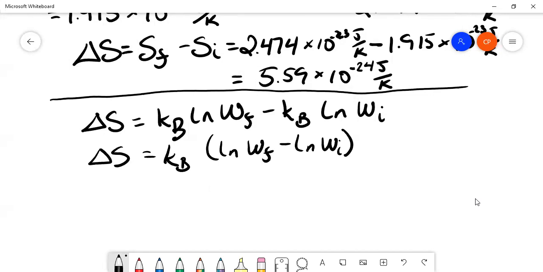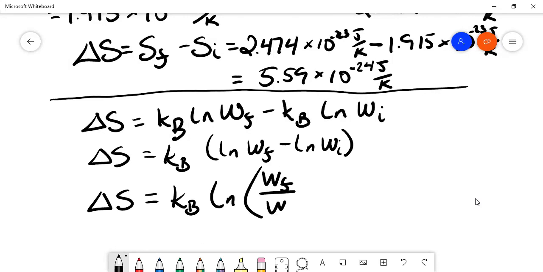In other words, the natural log of W final minus the natural log of W initial is the same thing as the natural log of W final over W initial.